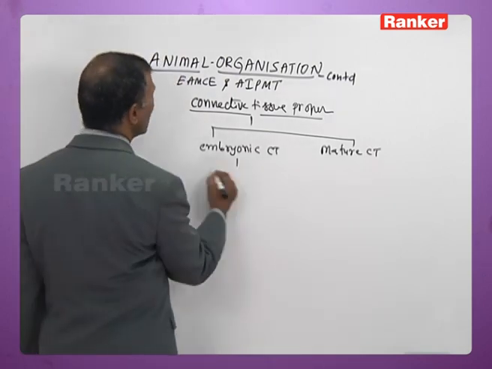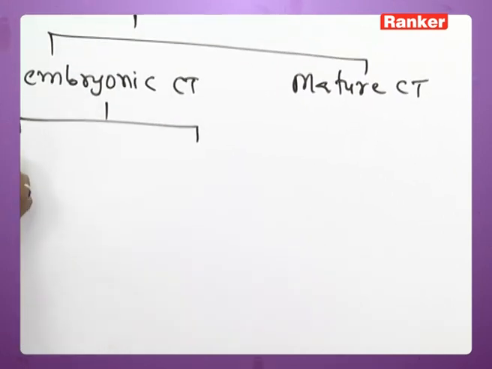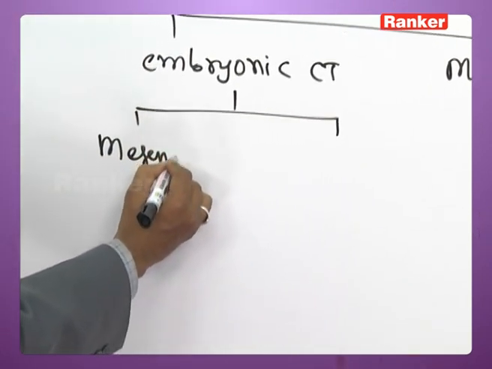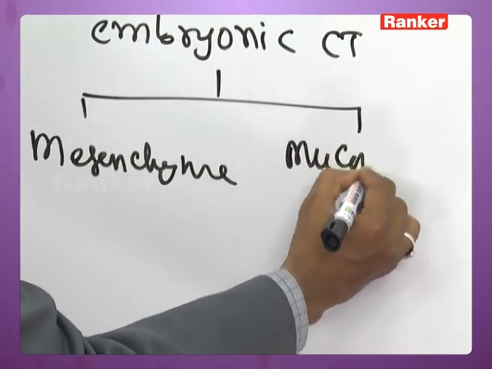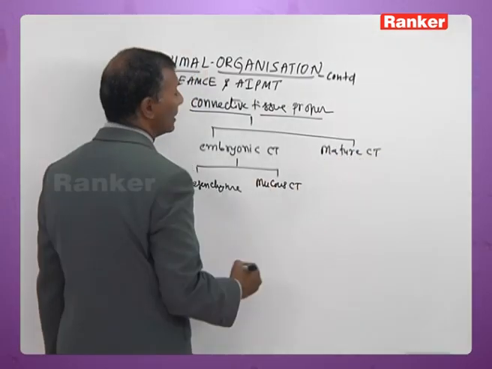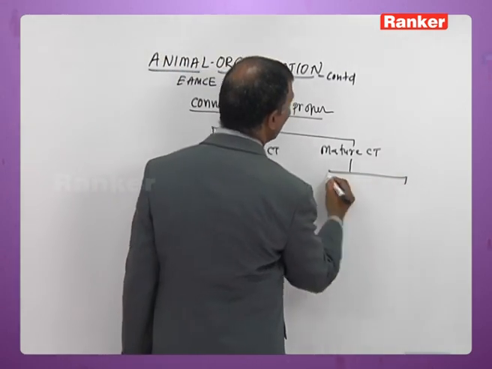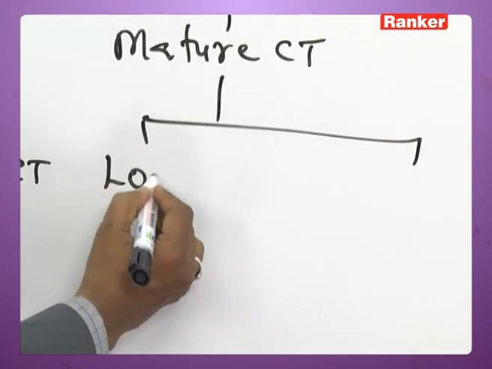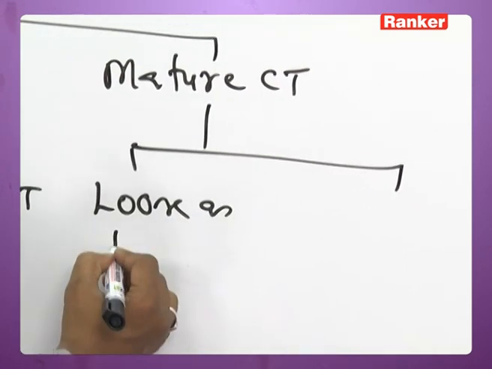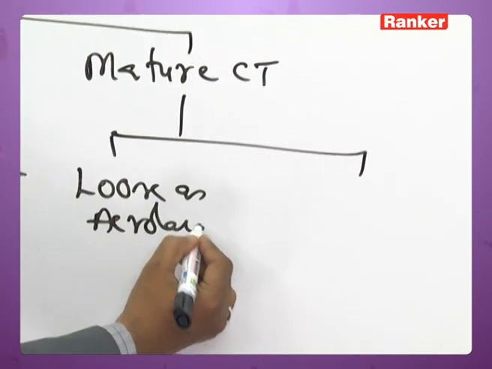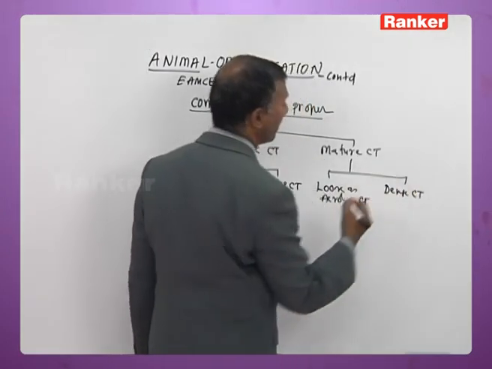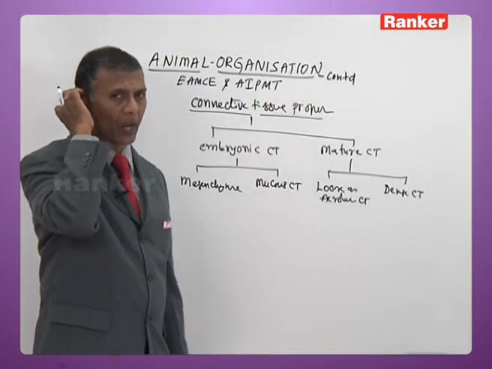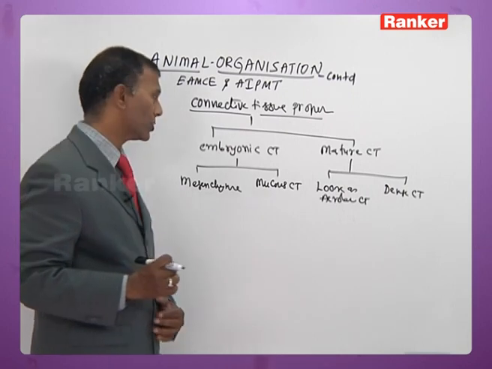Embryonic connective tissue is in turn divided into mesenchyme and mucous connective tissue. The mature connective tissue is divided into loose or areolar connective tissue and dense connective tissue.